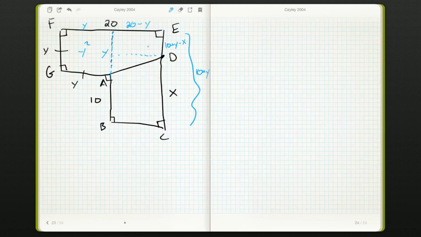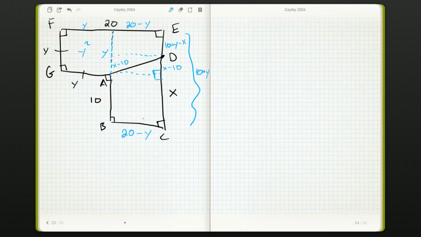If I chop him up, now I've got a rectangle of side lengths 20 minus Y and 10 plus Y minus X. And then what have I got here? I've got Y minus 10 plus Y minus X. So this should be, oh yeah, X minus 10. Yeah, that makes sense because we got 10 over here with AB. Alright, if I drop a perpendicular down here, I again have X minus 10, I have 10, and I have 20 minus Y. So now I know that all these areas should add up to 280.